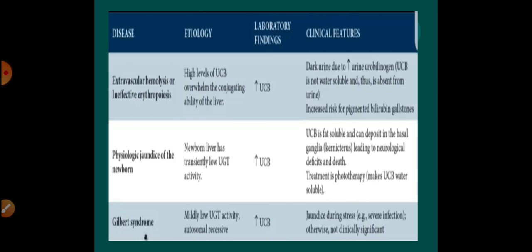So whenever there is a young patient presenting with gallstones, always he or she should be evaluated for hemolytic anemia. The physiological jaundice of newborn. Newborn liver is transiently immature and has low uridine glucuronide transferase activity.